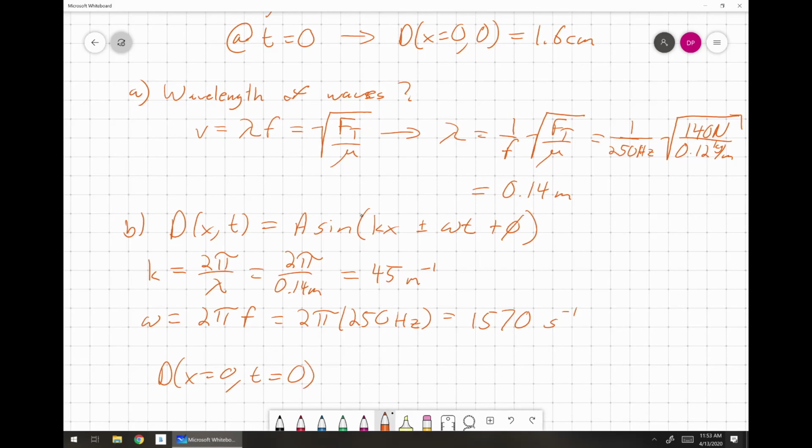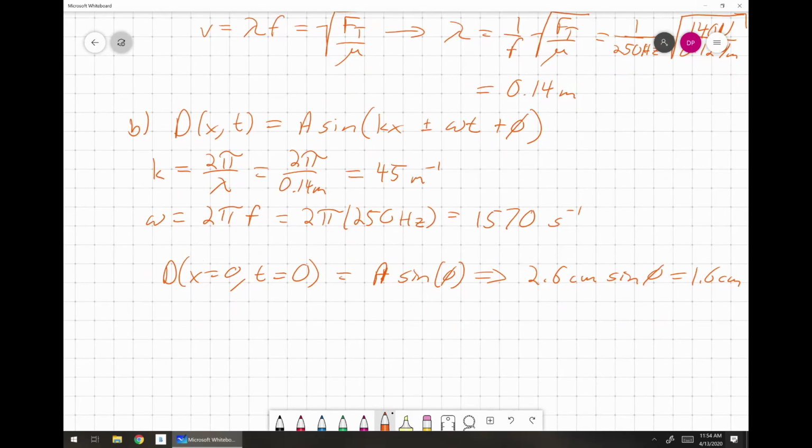So when we look at our equation up here, if we set x and t to 0, both of those terms drop out. And so this is just going to be equal to A times the sine of phi. And we know that in this particular case, that's going to give us 2.6 centimeters sine phi equal to 1.6 centimeters. And so if we divide both sides by 2.6 and take the inverse sine, then we can get phi, right?